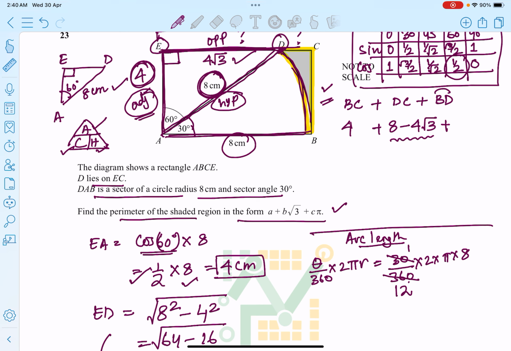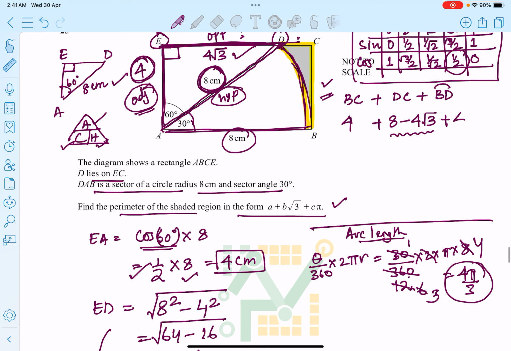Now we can do it like this also: 2 times 6, and simplify more, it should be 2, 4, and 2 times 3. So we got 4 pi over 3 as the simplified form of the arc length. So I can say it will be 4 pi over 3, right?